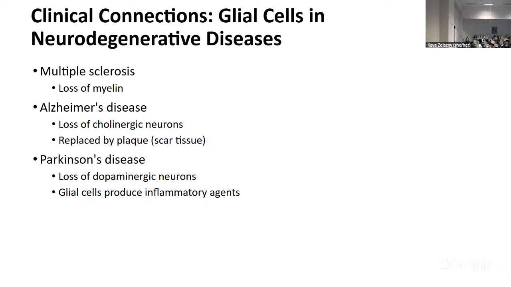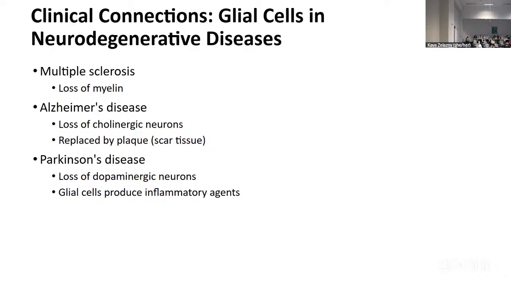So, for example, MS, multiple sclerosis, has to do with a loss of myelin, which means you end up getting kind of blurry conduction of action potentials and nervous system function more generally, which leads to lack of control of different parts of your body potentially from that loss of myelin, right?